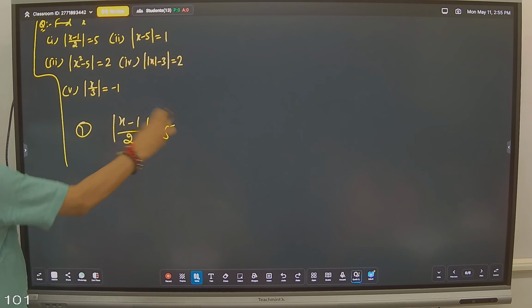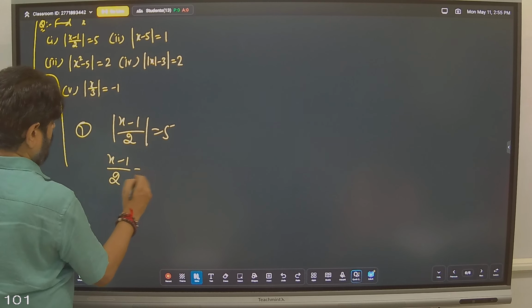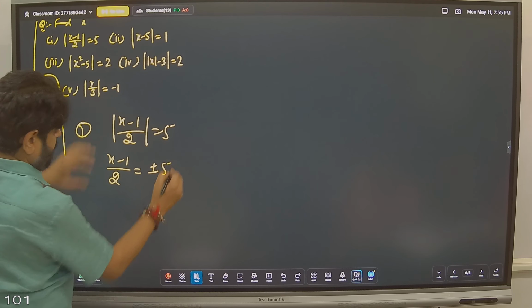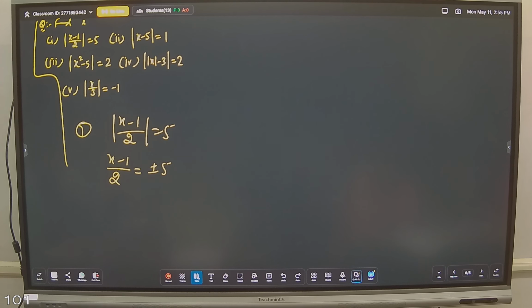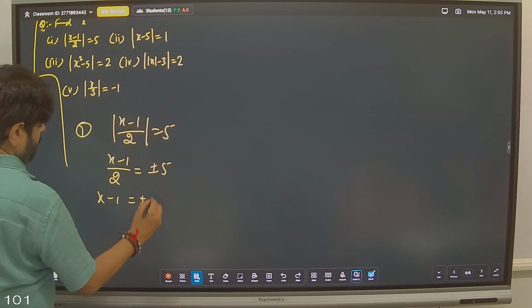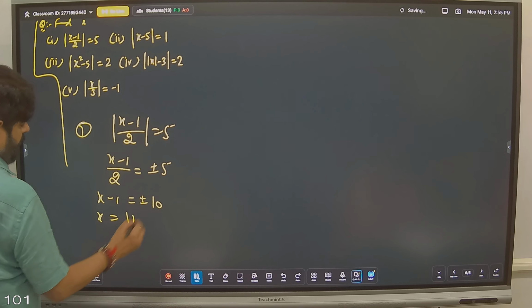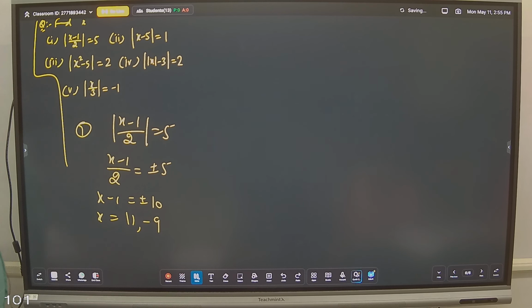So mod of something equals 5 means this something surely will be either 5 or minus 5. Speak out. So x minus 1 must be equal to plus minus 10. Means x equals either 11 or minus 9. How many of you got it?